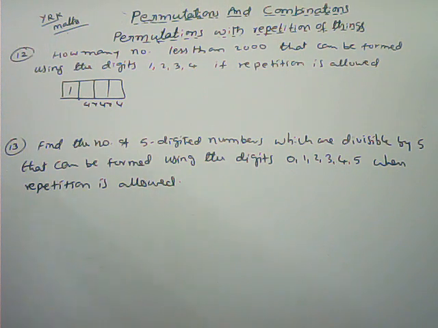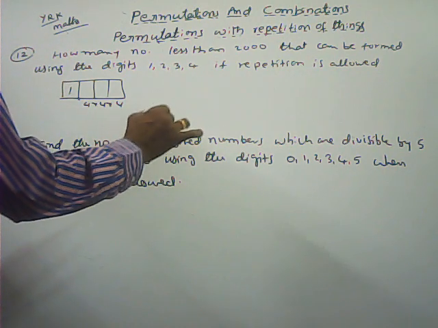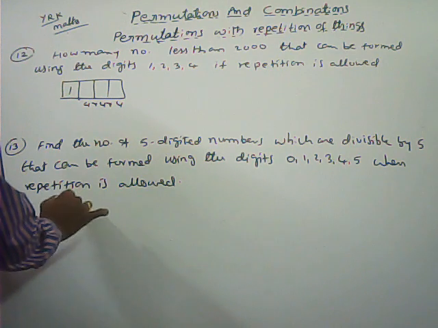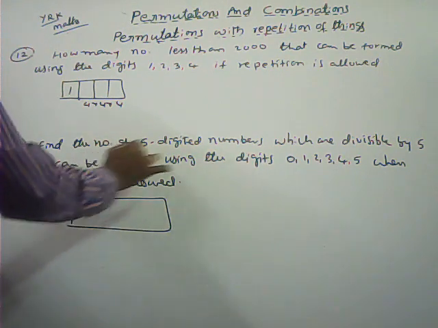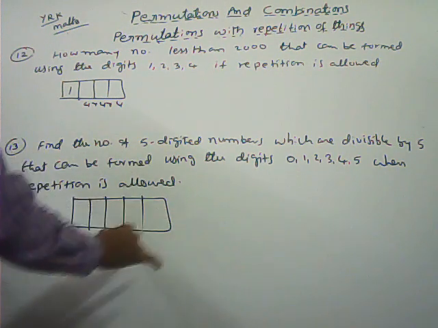Next, find the number of 5-digit numbers which are divisible by 5 that can be formed using the digits 0, 1, 2, 3, 4, 5. See, which are divisible by 5 means 5-digit numbers we want.